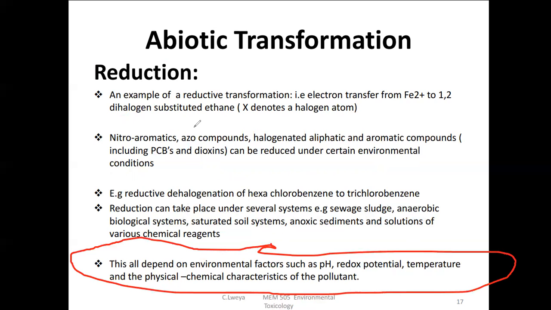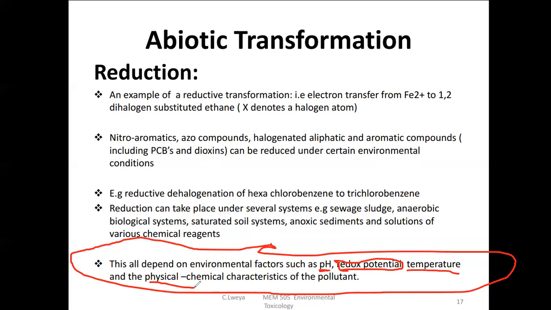Then this process depends on environmental factors such as the pH. In other terms, the pH may influence a compound, resulting in it losing electrons. Then the redox potential. This comes from electrochemistry. Again, it may be hard for you to understand, so better go for pH, which is common, the temperature, as well as the physical chemical characteristics of the pollutant.